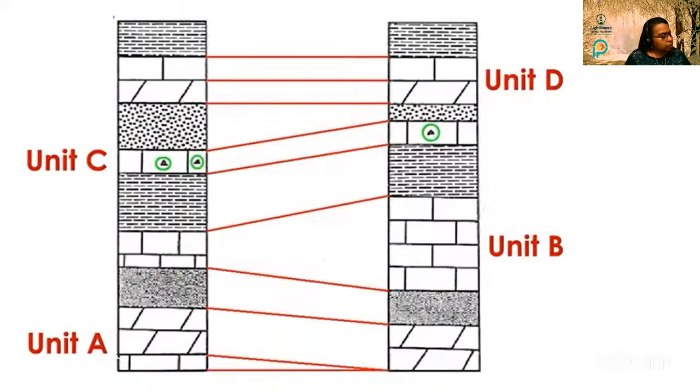Recall that when strata can be correlated across wide areas, we call them stratigraphic units. A stratigraphic unit is a volume of rock which can be traced laterally across a region. Each stratigraphic unit receives a name. Some units can be traced laterally across a local region or area. Others can be correlated across the globe.